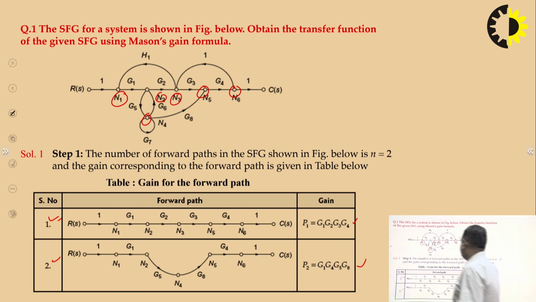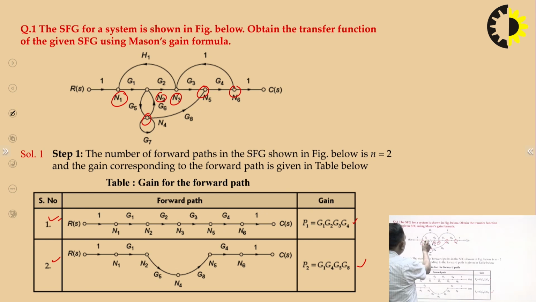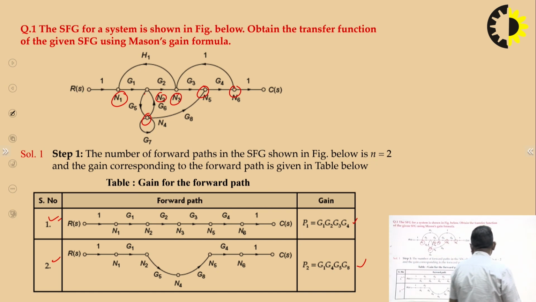Then for a third forward path, there is no other forward path present in the signal flow graph. Only 2 paths are present because you can move only in this direction, and later only in this direction. So there is no other forward path. This is P1 and P2, the forward path gains of the 2 paths.